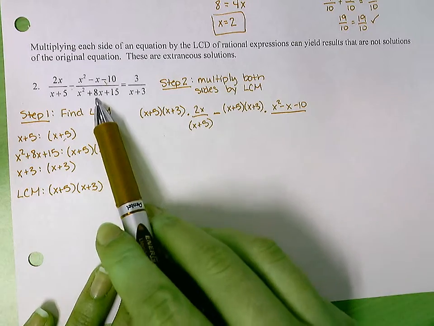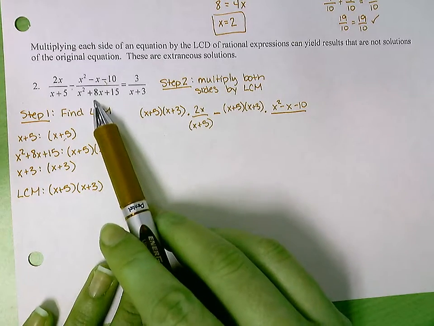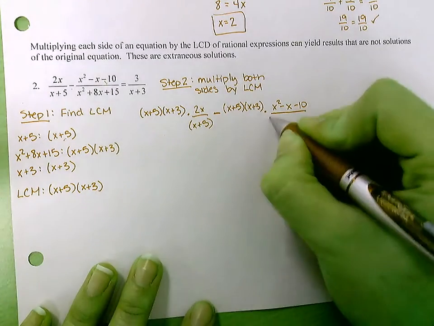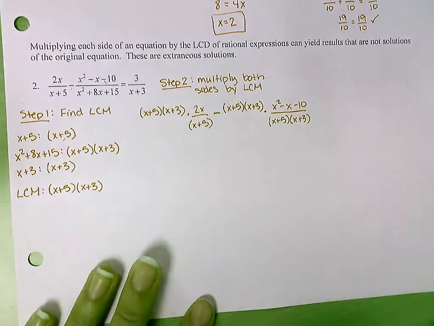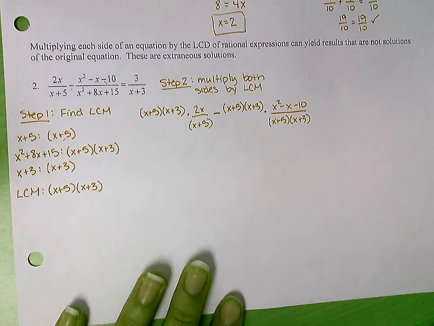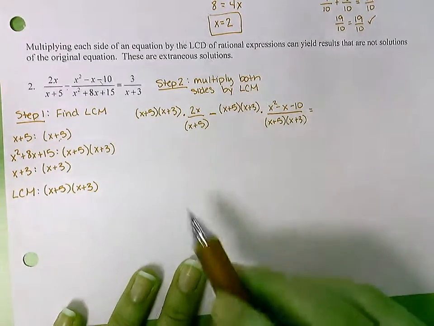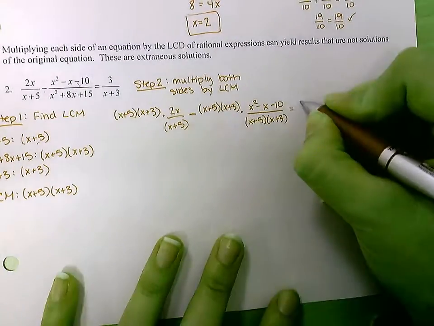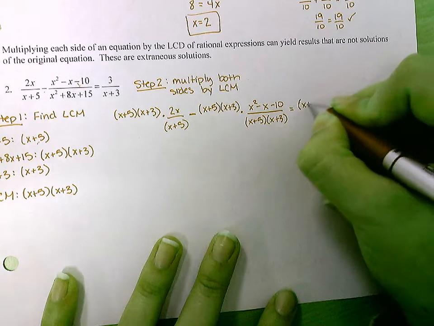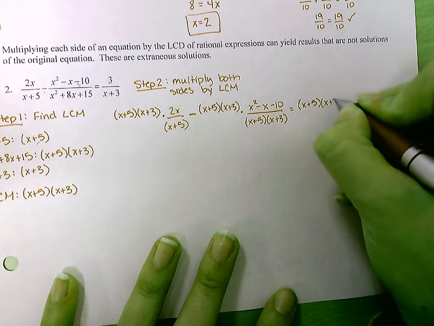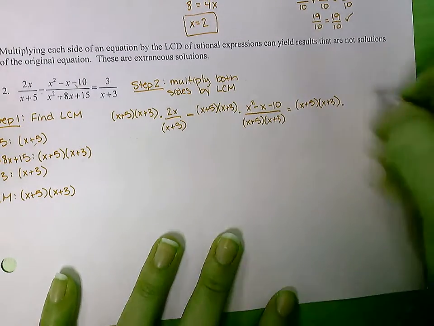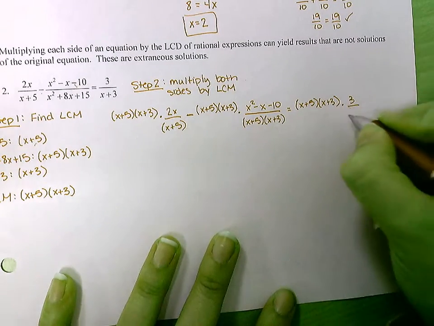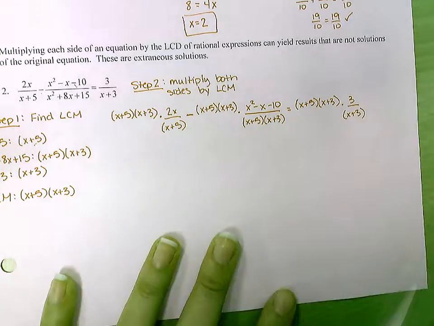I already factored this, so I'm going to write out its factored form. Okay, so that's x plus 5 times x plus 3. Okay, that's equal to, again, taking our LCM, x plus 5, x plus 3, multiplying it by that last fraction there. So we have 3 over x plus 3.